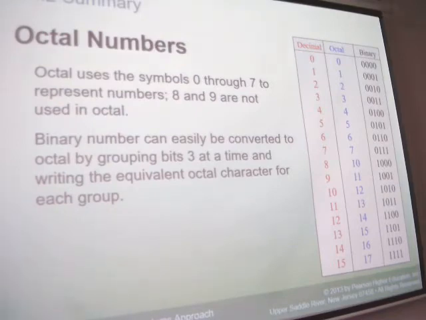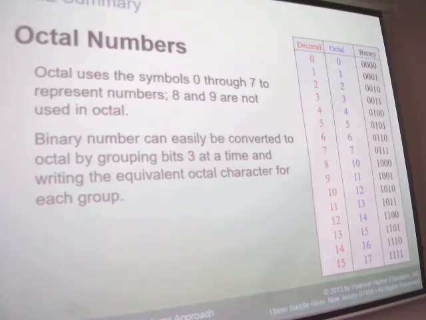For them, one octal digit: octal 0 is binary 000, 1 is 001, 2 is 010, 3 is 011, 4 is 100, 5 is 101, 6 is 110, 7 is 111.